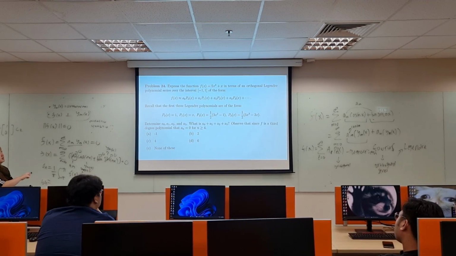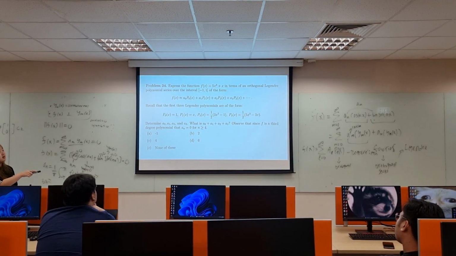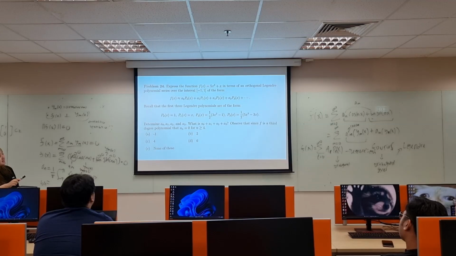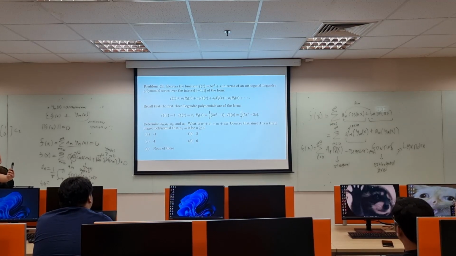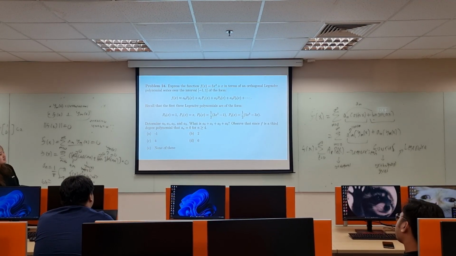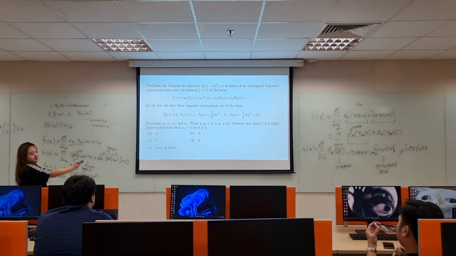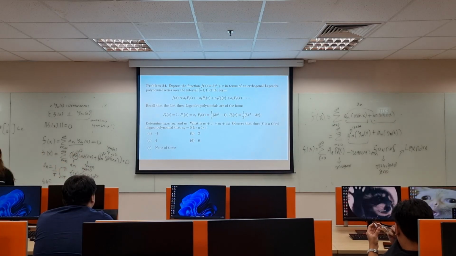The form of the Legendre series is that fx is the summation of all the constants times pnx, so it can go up to many n terms. We can recall the first three Legendre polynomials, which are usually given.